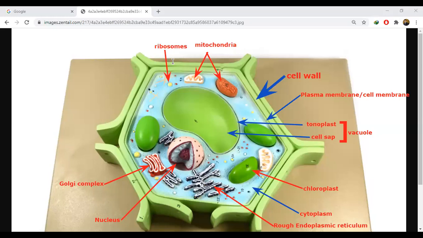Do you have ribosomes in the picture? Have I indicated everything that is in your picture in this diagram? Or is there anything missed?